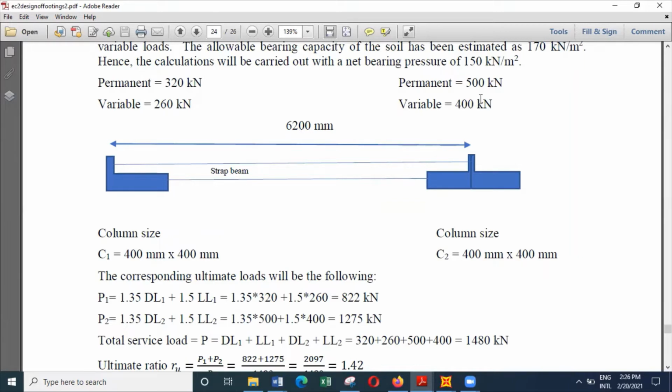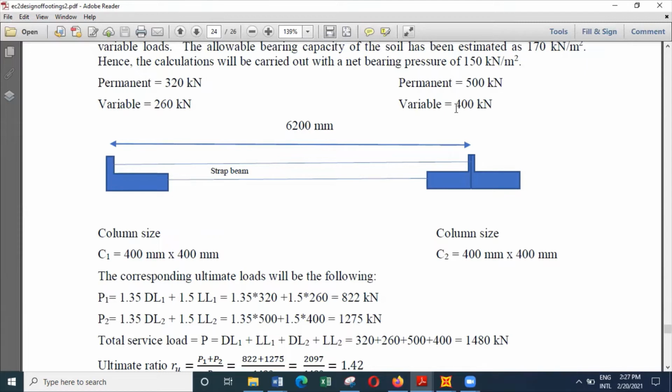So if we consider that this particular load is acting, and the addition of those two loads will be 900 kilonewtons, and 900 divided by 150, we'll get 6 square meters. And if you take the square root of that value, then you will end up with a base size of 2.4 meters by 2.4 meters.